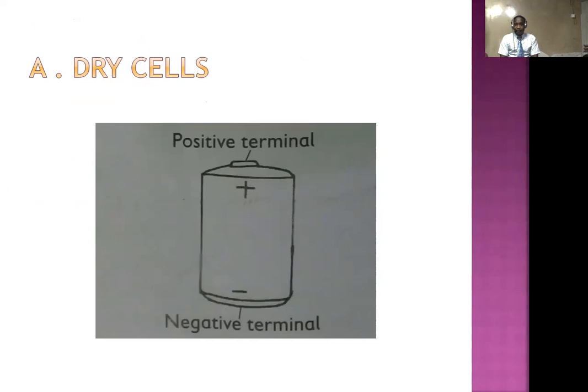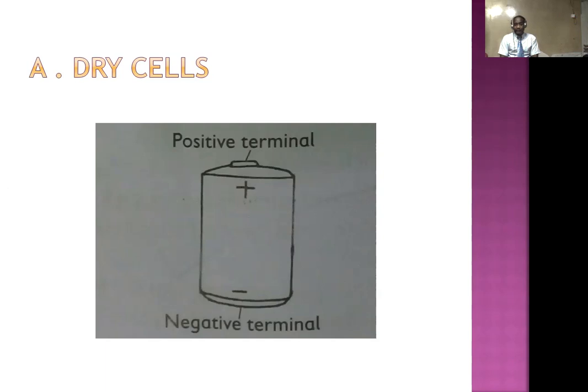That is, the positive terminal where we have the plus and the negative terminal where we have the minus. Pupils, two or more dry cells connected together make up a battery. Each dry cell has a voltage of 1.5 volts. When a dry cell has been used up, it has to be thrown away.